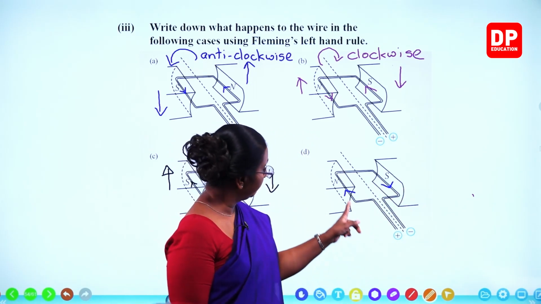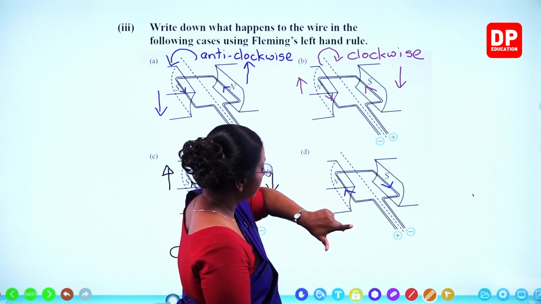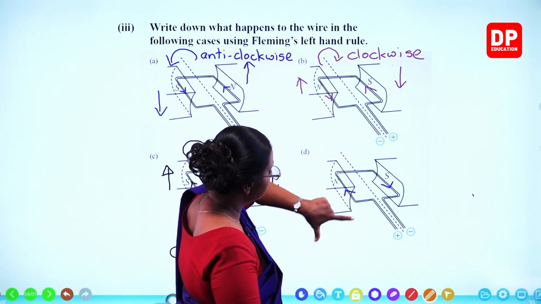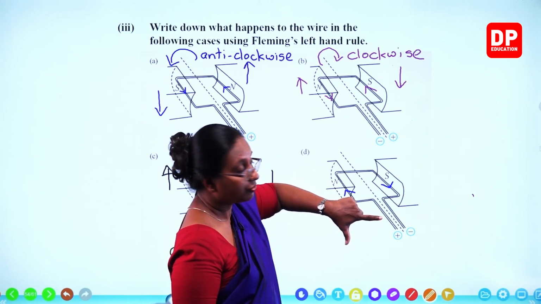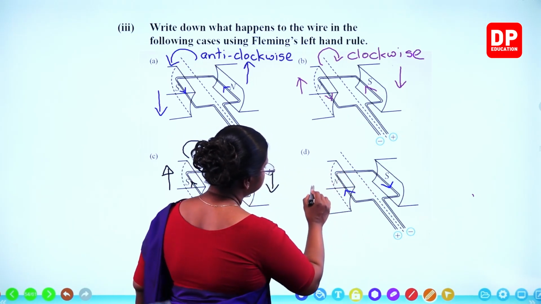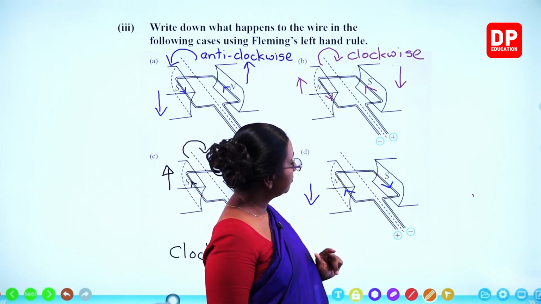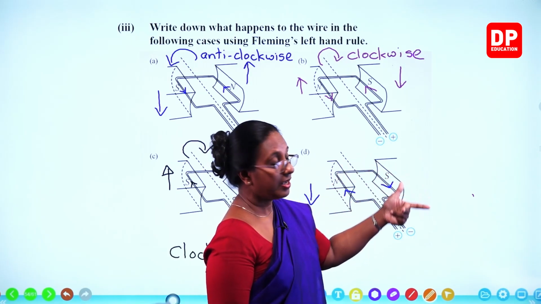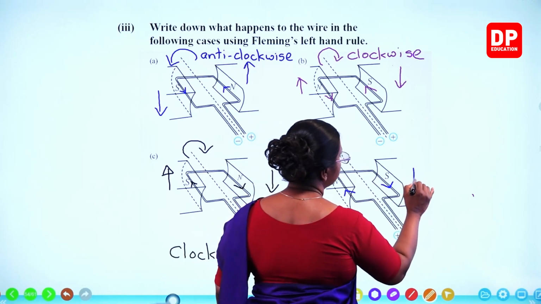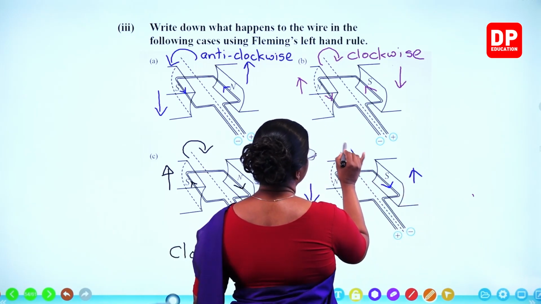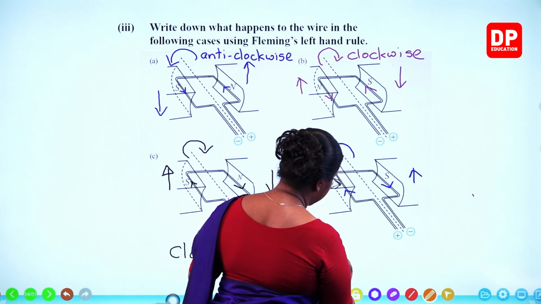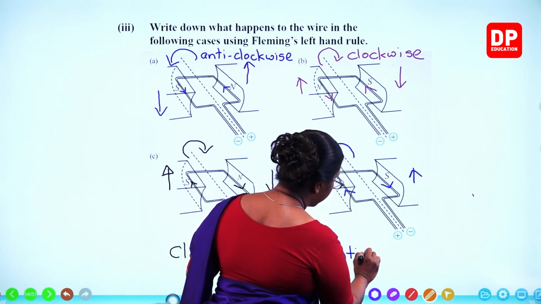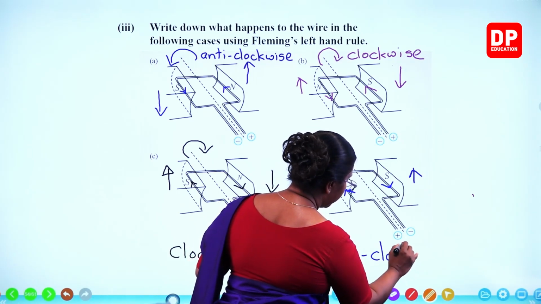So then, if you take this one, current is going in, field is this way, the direction of the force is downwards here. And if you take this, north to south, field is this way, current is flowing out, the direction of the force is upward. So this is going to be an anti-clockwise rotation.